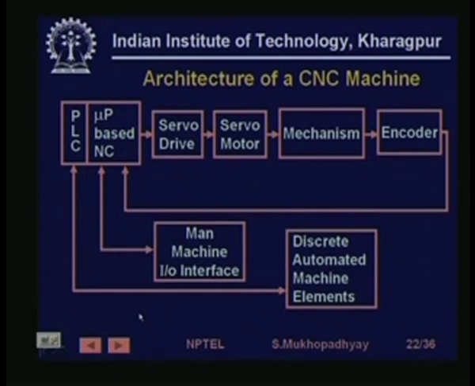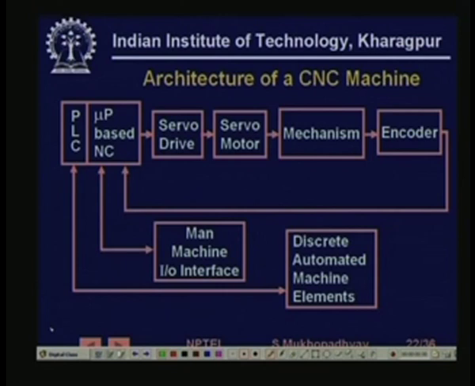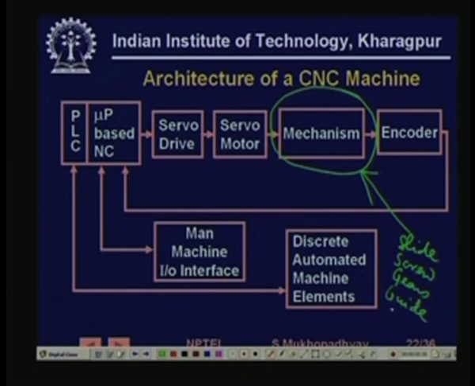So we look at architectures of CNC machines. That is what I was saying, that typically a CNC machine will be made of this kind of units. You have the basic mechanism, consisting of the slide, the screw, the gears, the guide, the chuck, etc. These are the mechanical parts which hold and move the job and the tool.